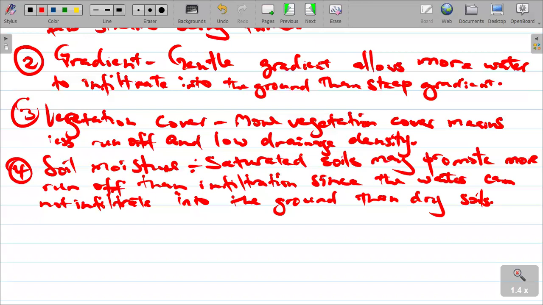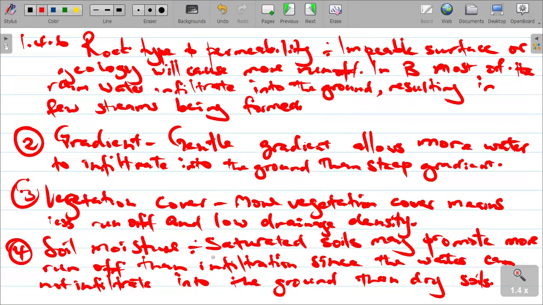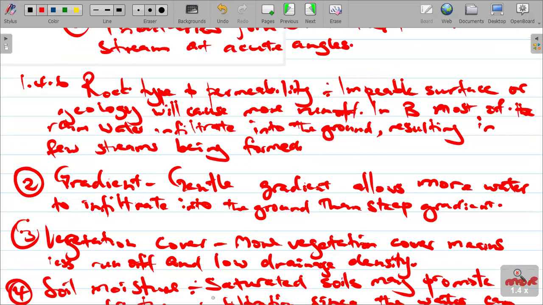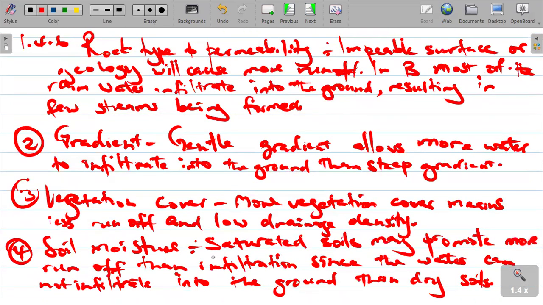That also defines the rate of runoff, which predetermines the drainage density. So if runoff is high, drainage density can also be high, because more streams can be formed. But factors that tend to reduce runoff will always cause less drainage density.